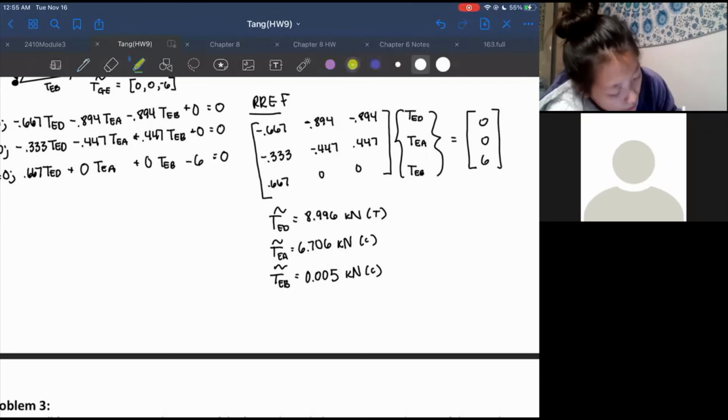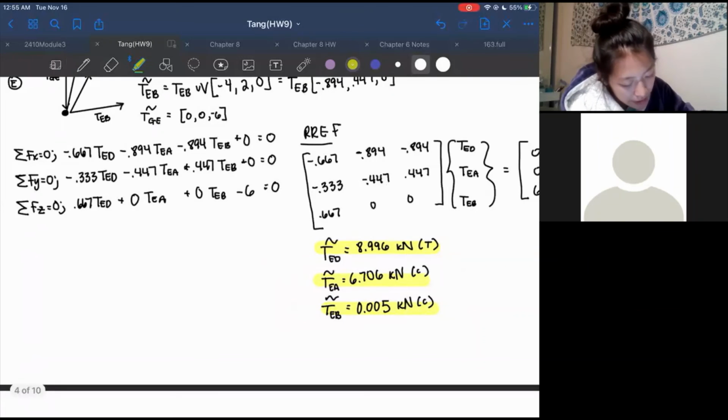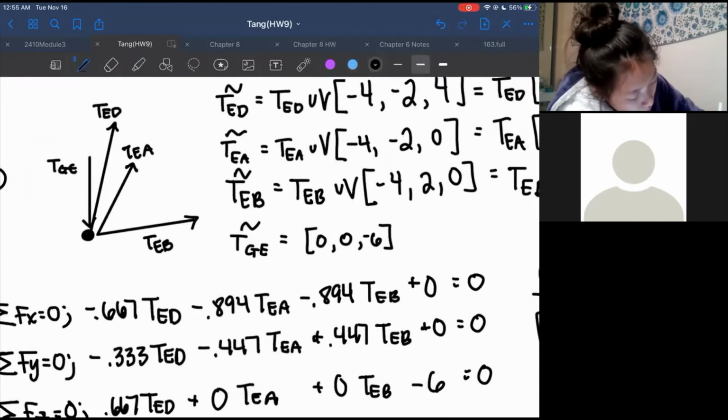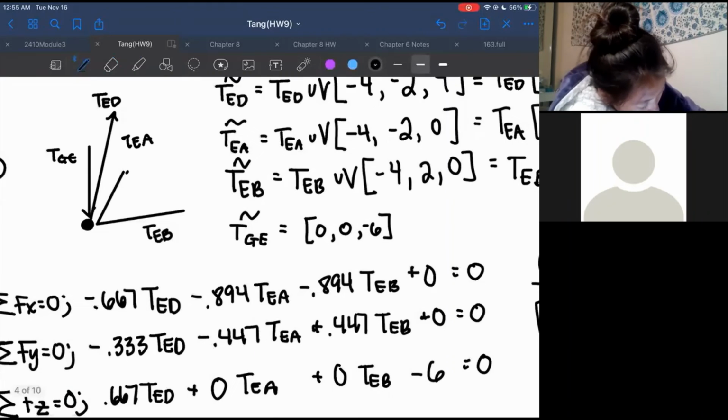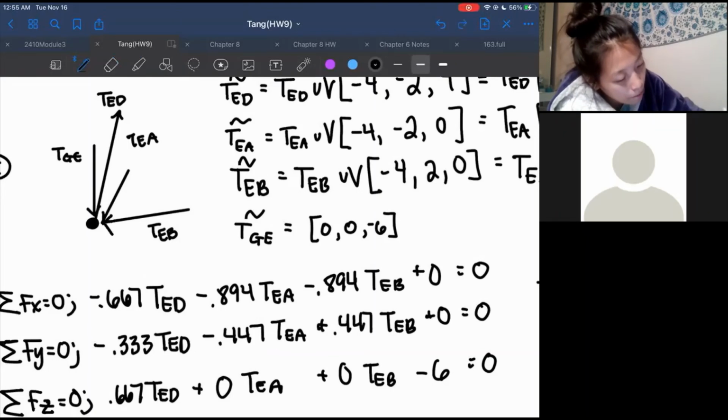We're going to go and fix that on our free body diagram so that the arrows are facing the same way. So it's TEA and TEB.